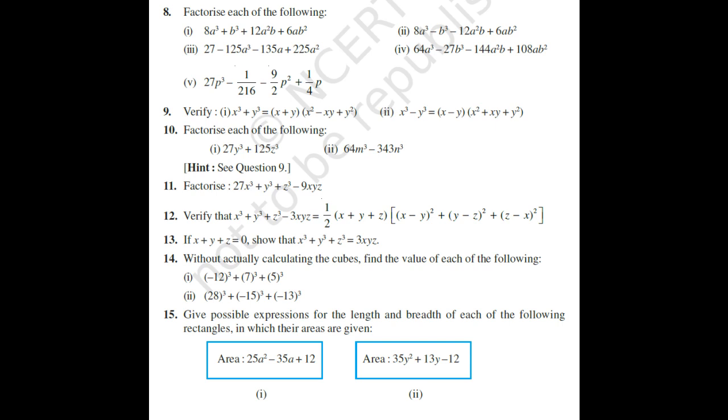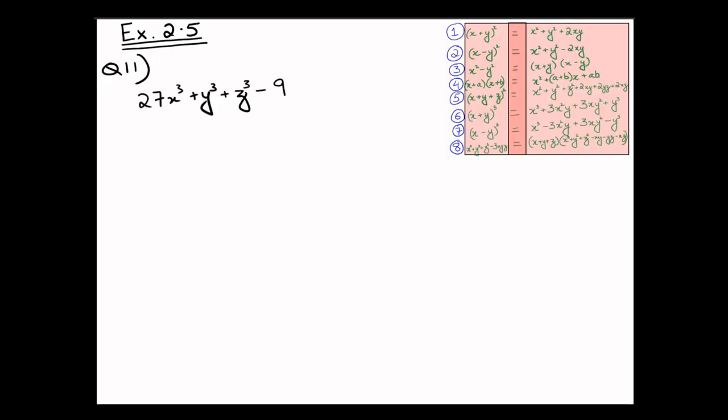Moving on to question number 11. Question number 11 is asking us to factorize 27x cube plus y cube plus z cube minus 9xyz.